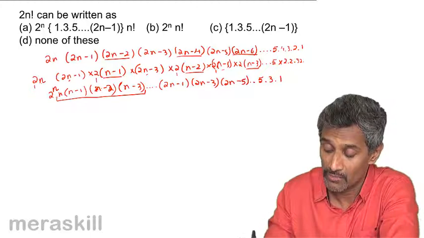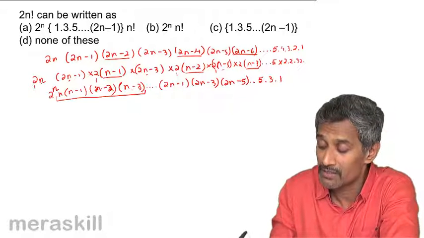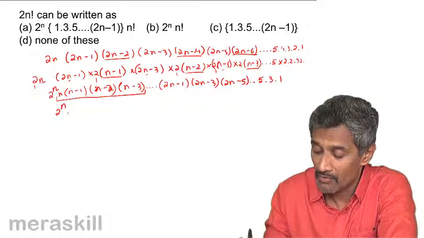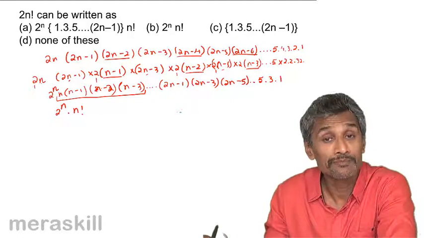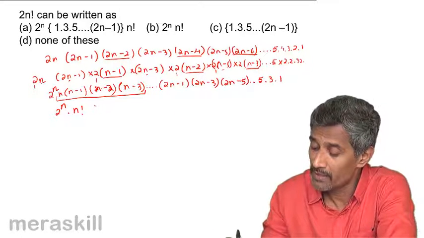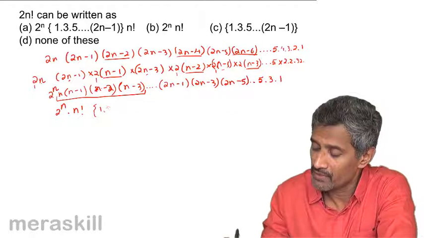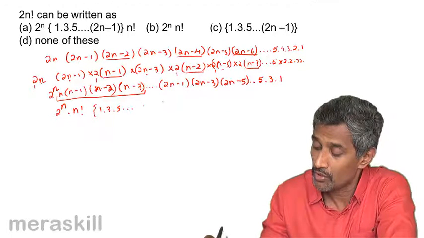Now this will turn out to be n into n minus 1 into n minus 2 into n minus 3, which would be n factorial, and this would all be, you can write this way, 1, 3, 5, up to 2n minus 1.